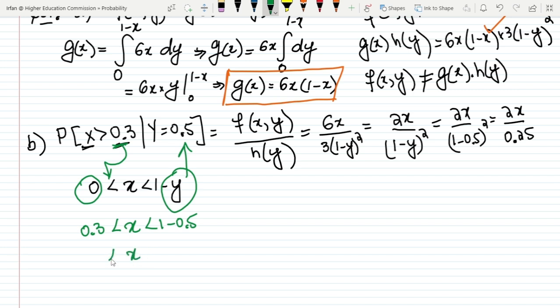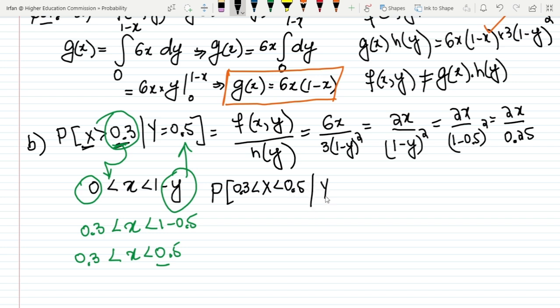So taking it, the range of x will be from 0.3 up to 0.5, because here we can see that the lowest value is 0.3 and the highest value will be 0.5. So therefore we have to find the probability of x greater than 0.3 and less than 0.5, given that y is equal to 0.5.